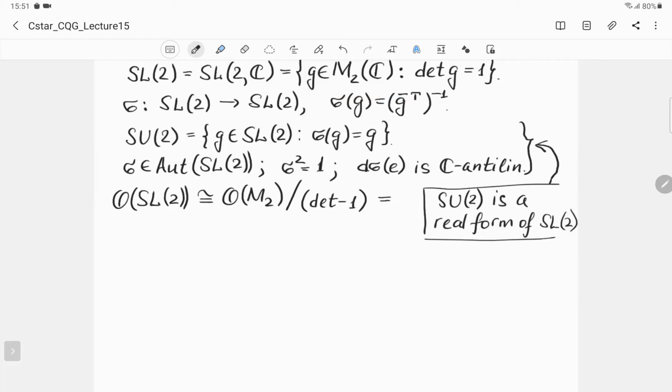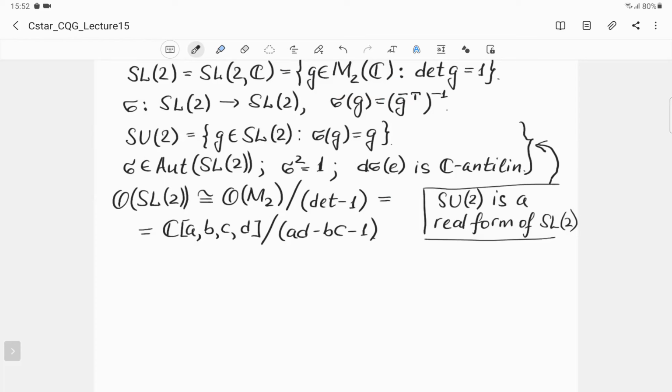More explicitly, M2 is a vector space, so the algebra of regular functions on it is just the polynomial algebra in 4 variables, A, B, C, and D. The determinant is AD minus BC. This is the explicit description of the algebra of regular functions on the group SL2.